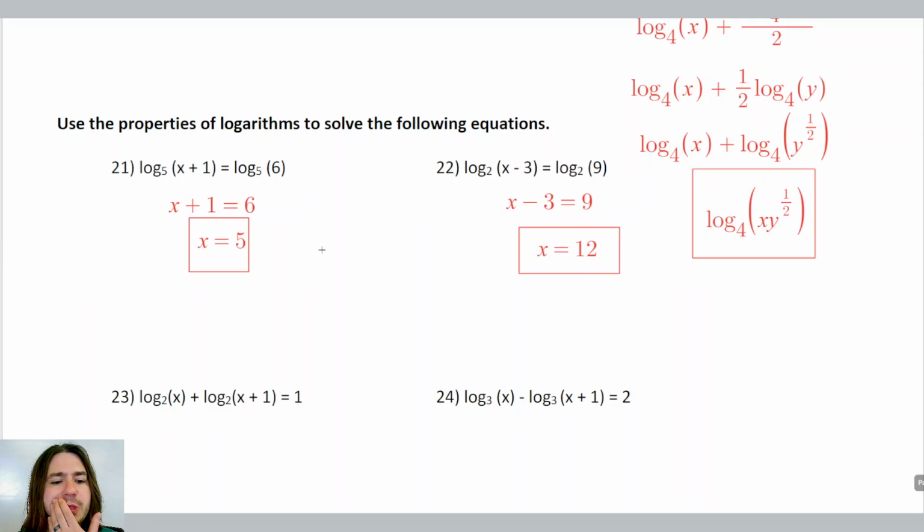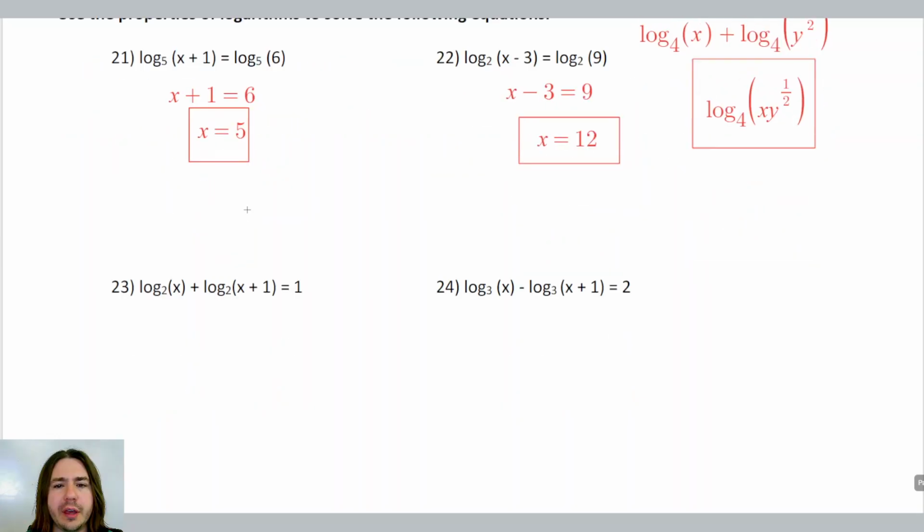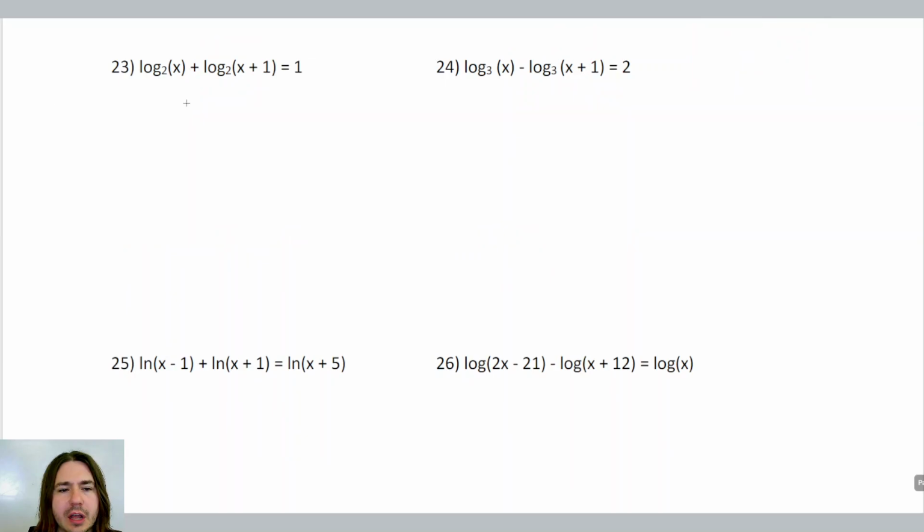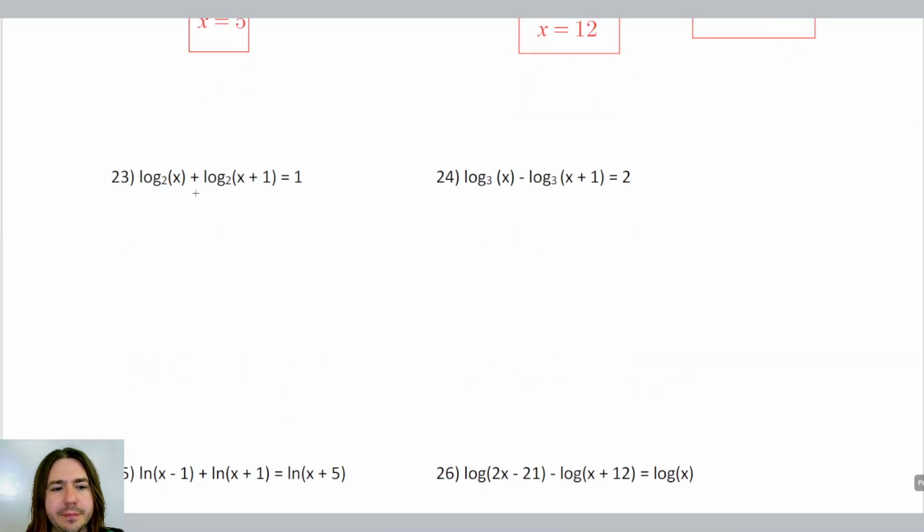For number 23 now, we don't have a logarithm on both sides. So we can't use this little trick that we did for 21 and 22. Instead, we're going to combine the logarithms and then rewrite as an exponential equation.